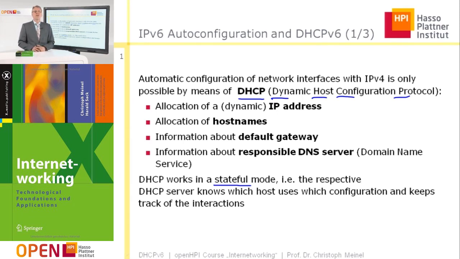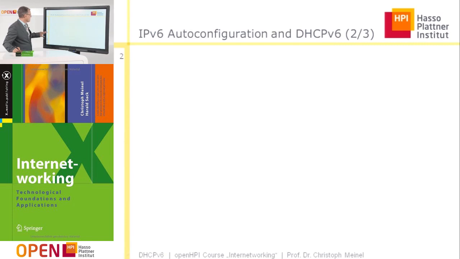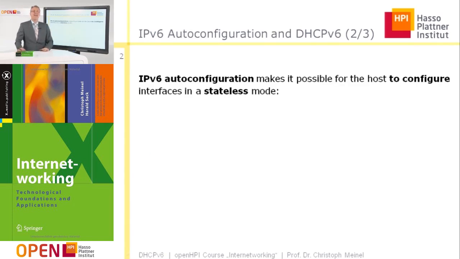So the question was, is it possible to provide more mechanisms for auto-configuration in the IP version 6 world? And exactly there is provided such a functionality in a stateless mode in an IP version 6 internet. This is called the IP version 6 auto-configuration.